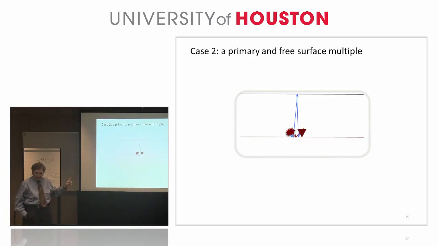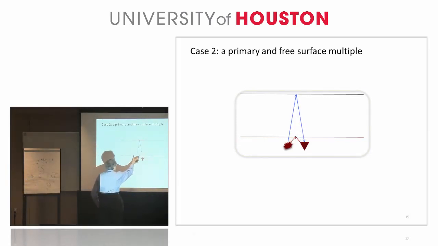Everybody understands what they're seeing here. So what happens here, just when you have that source and receiver right above here, this original primary became this primary. And this free surface multiple became this free surface multiple. Understood? So that experiment right above that first reflector, the experiment contained an input from both events.